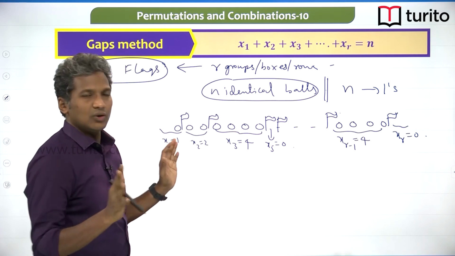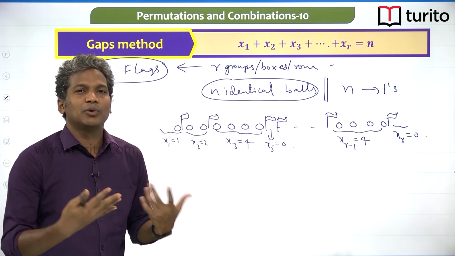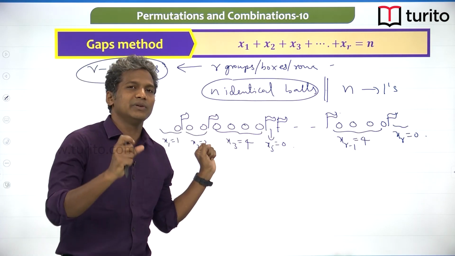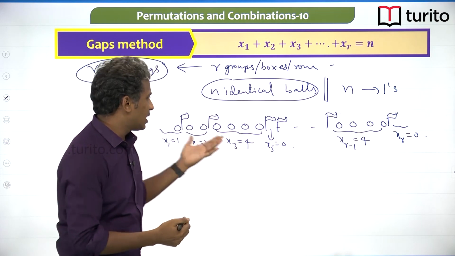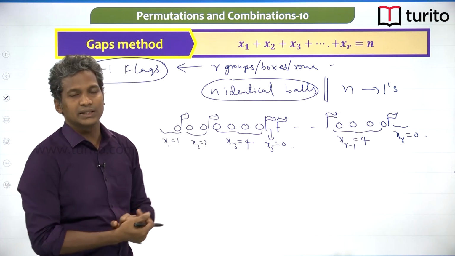Now that I have explained the logic, problem solving is simple. How do we solve the problem? Just count in how many ways you can arrange them, okay. There are n identical balls and r minus 1 identical flags, right.